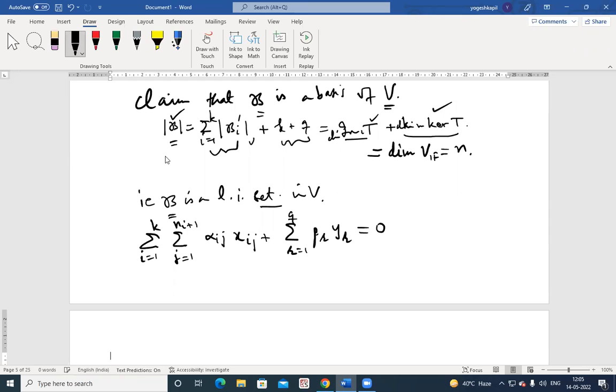Because these are the only elements which have been taken in the linear combination in B. All right. If we consider this linear sum to be 0, then we have to prove that all alpha ij's and beta r's are zeros. So apply the operator T on this.